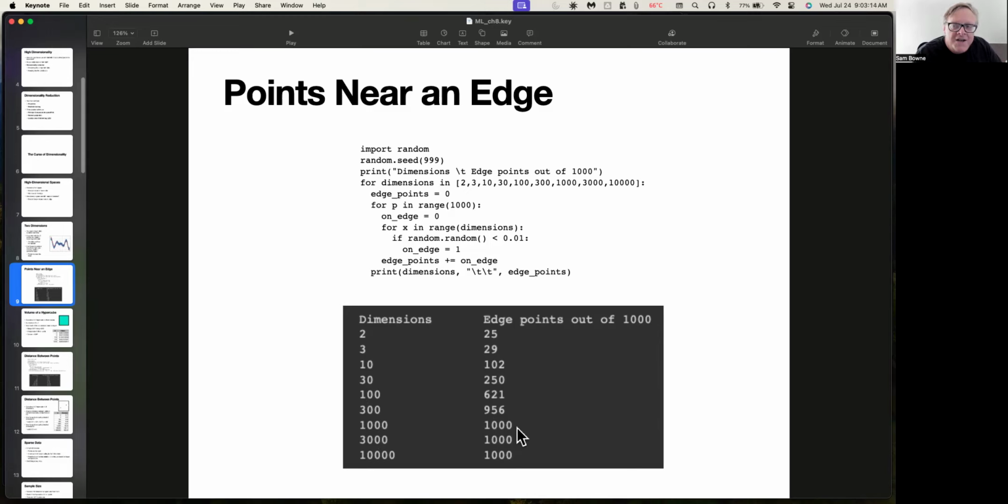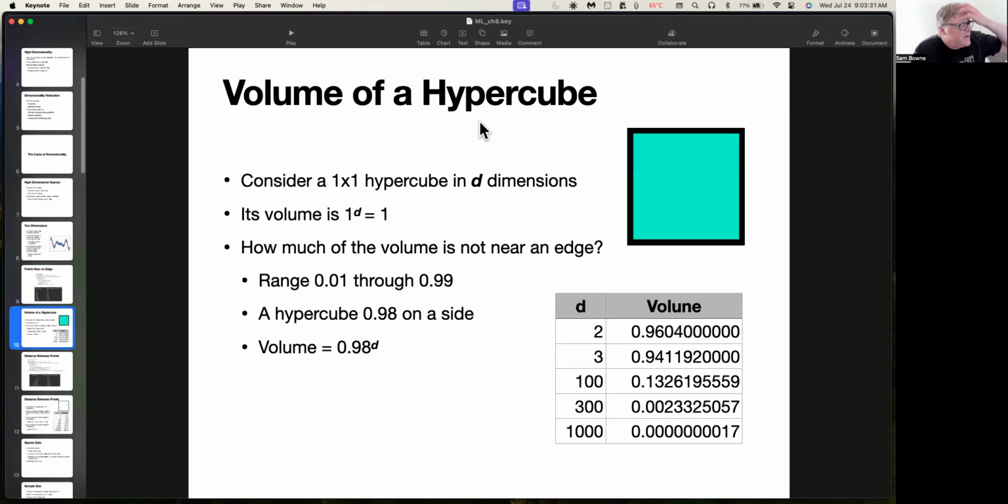Another way to look at it is the volume near an edge keeps growing faster than the number of dimensions. So this means your samples are not at all going to represent some of these dimensions. You're not going to be able to trace out the variation across these dimensions. You can do it with the volume of a hypercube also.